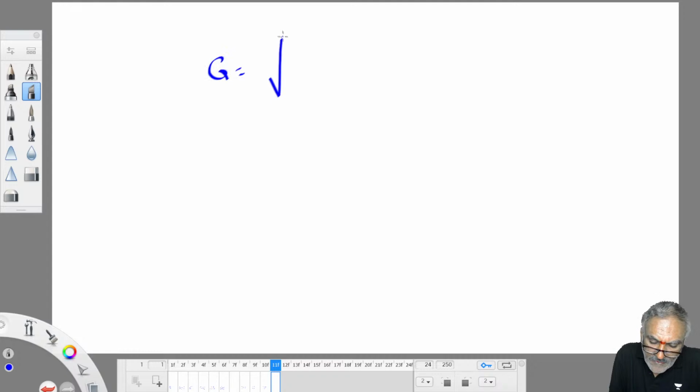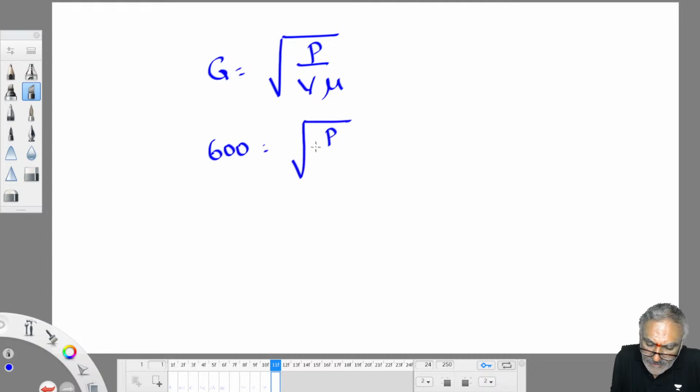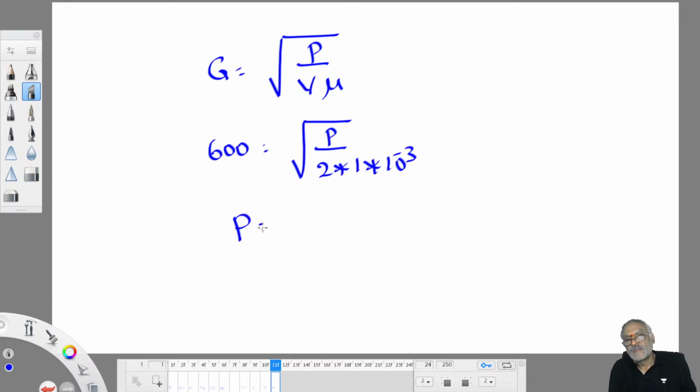So G is equal to root of P by V mu. Here G is given as 600. So find out power. Come on, work out.